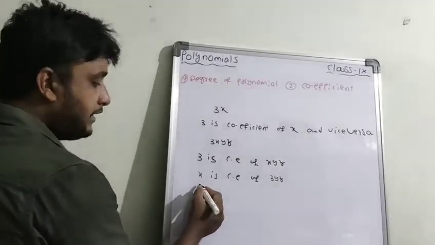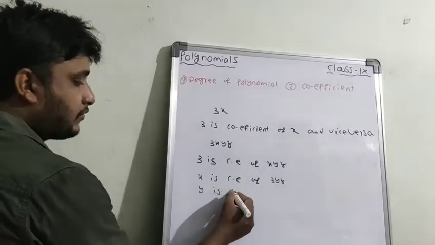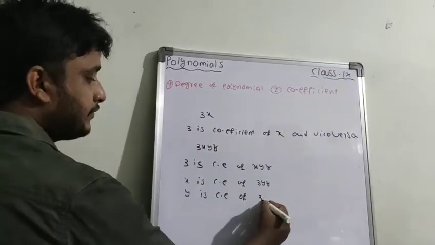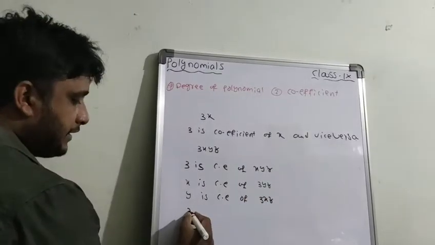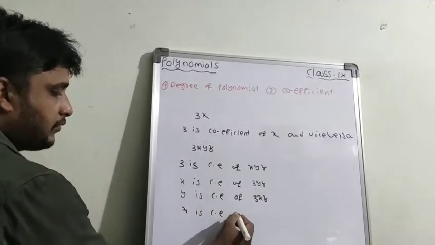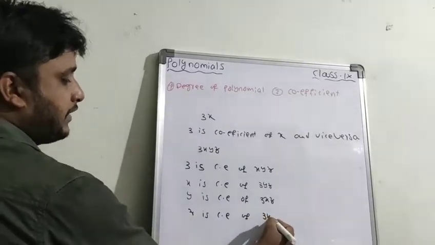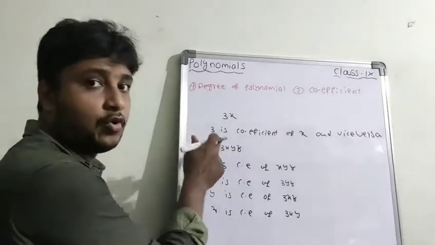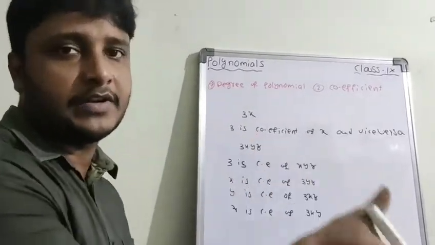Then y is the coefficient of 3xz. And z is the coefficient of 3xy. So in a term, each factor is the coefficient of the product of the remaining factors.